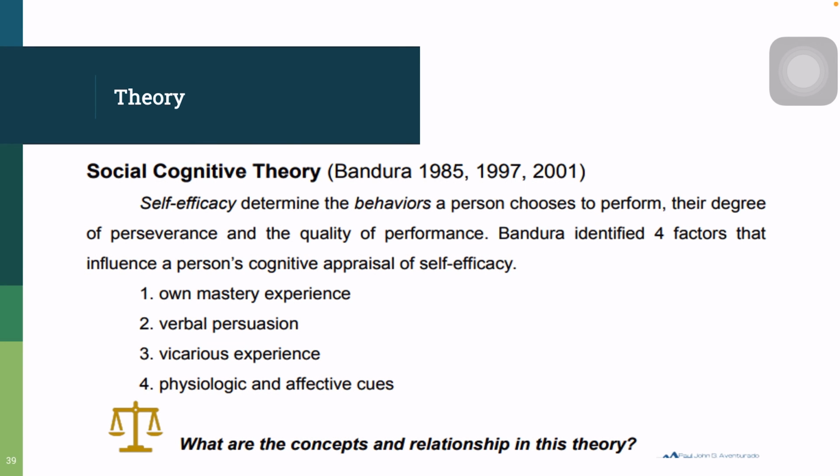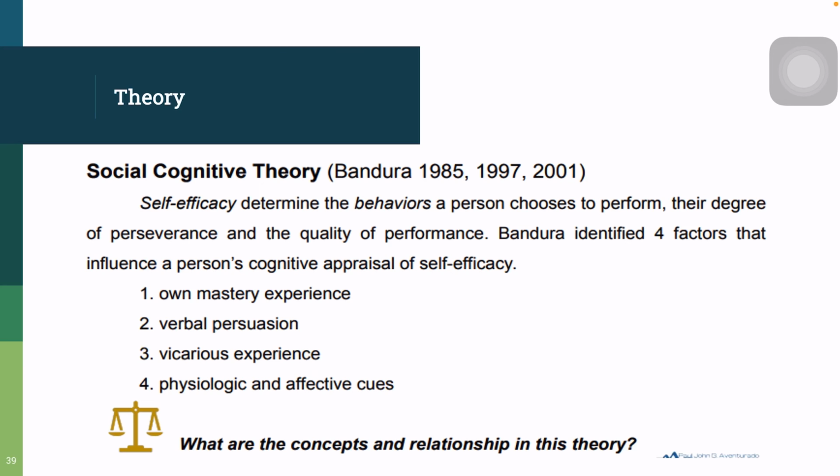One example of which is your social cognitive theory. Social cognitive theory, this is from Bandura, 1985, 1997, and 2001. Self-efficacy determines the behaviors a person chooses to perform, their degree of perseverance, and the quality of performance.